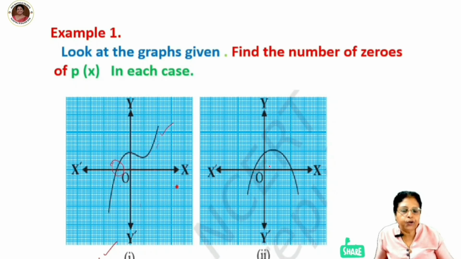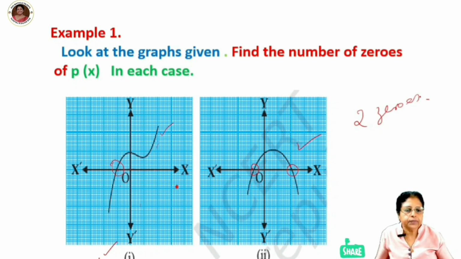What about the number of zeros of this graph? See here, the graph intersects with the x-axis at 2 points. These are the 2 points. That means there are 2 zeros in this case. And which are the zeros of this polynomial? That are the x coordinates of these two intersecting points.